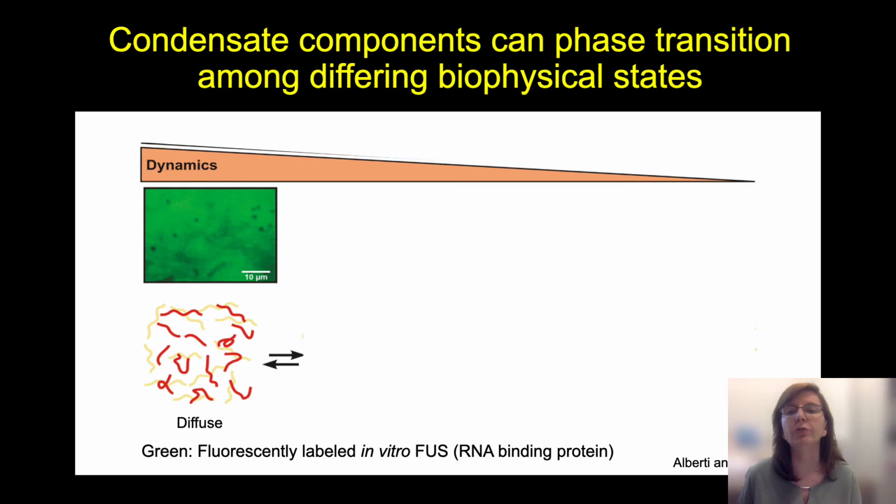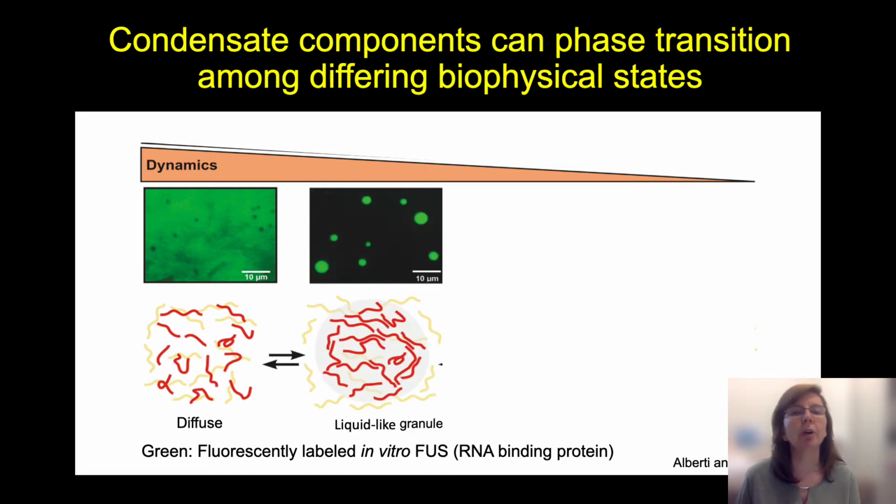Here I'm showing the in vitro synthesized FUS protein, shown in green. This is a nuclear RNA binding protein, and it's also represented by red in the cartoon below. So proteins can reversibly undergo condensation from a diffuse state, shown on the far left, to a liquid-like granule, shown in the second panel.